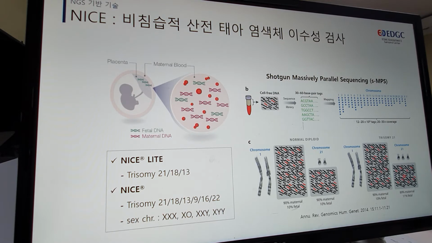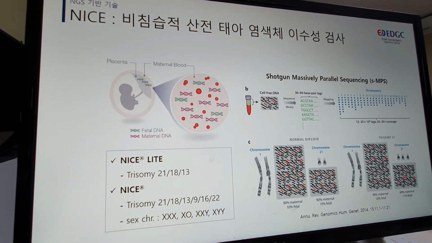Okay, that means when a woman is pregnant, if they have more than 10 gestational weeks, in the mom's blood vessel, there is more than 10% of very small fragments of the fetus's DNA, not all from mom.